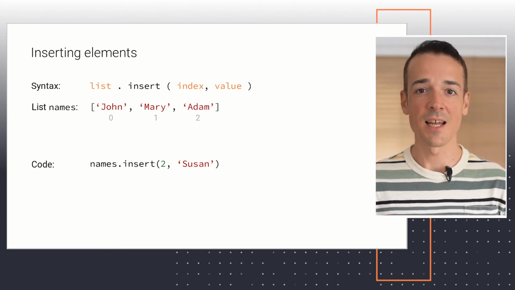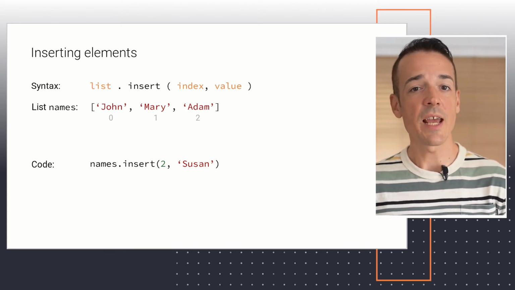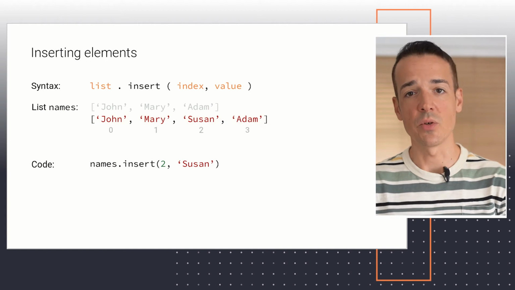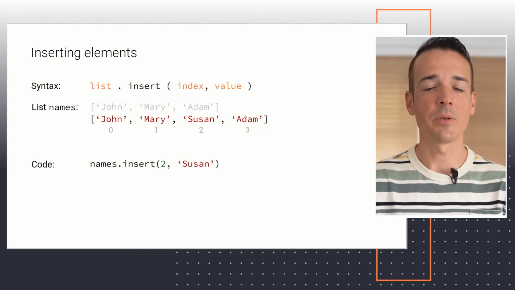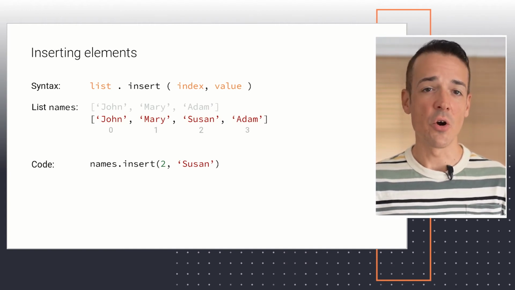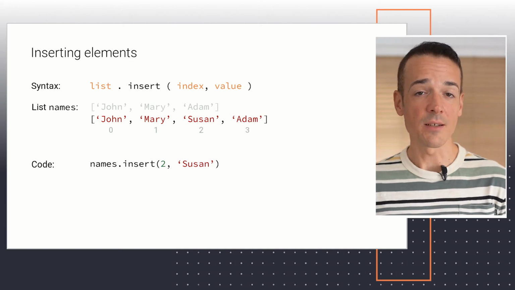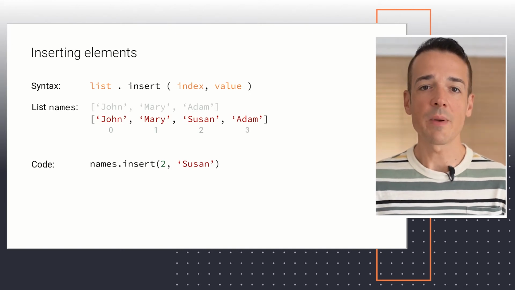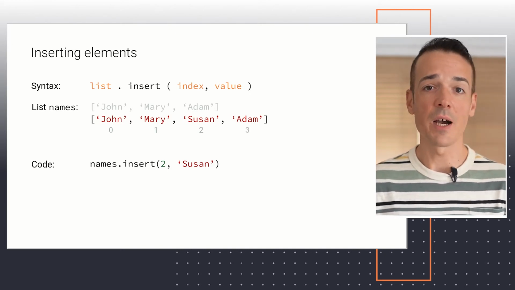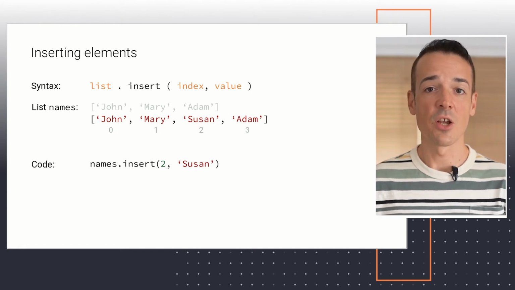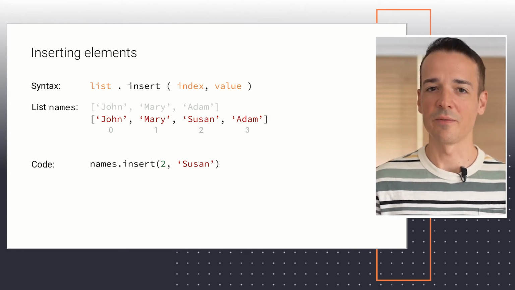The resulting list, after the insertion, includes names John, Mary, Susan, and Adam, in that particular order. Notice that the index passed in the argument, 2 in this case, may also be interpreted as the position occupied by the new element, in this case Susan, after the insertion.